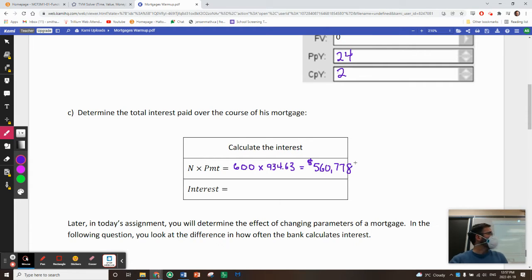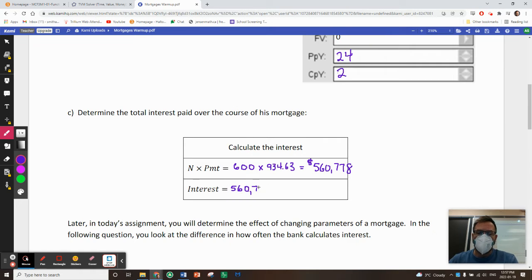All right. You guys double check too. But what we've just shown is, okay, he borrowed $425,000 for his home. In the end, he is paying about $561,000. The rest, all the difference, is interest. Let's find the difference.